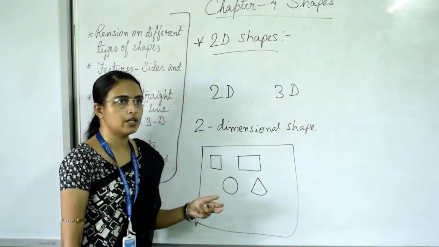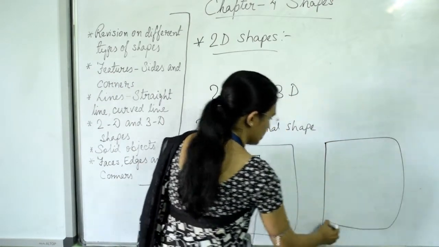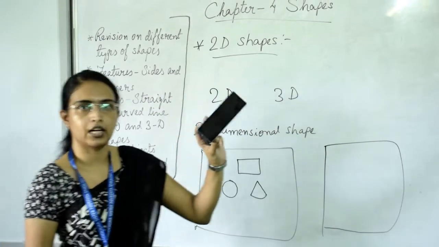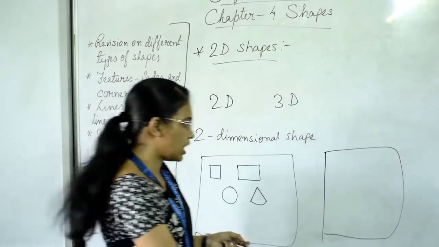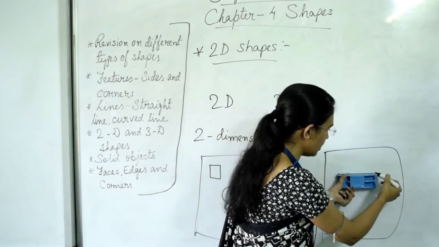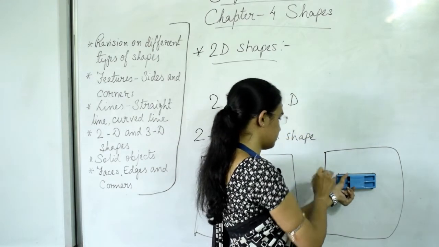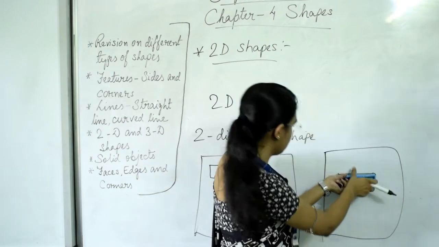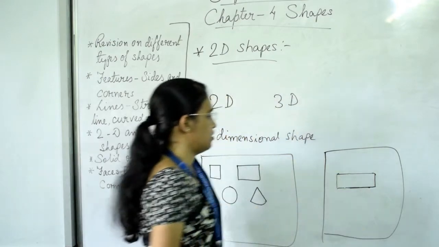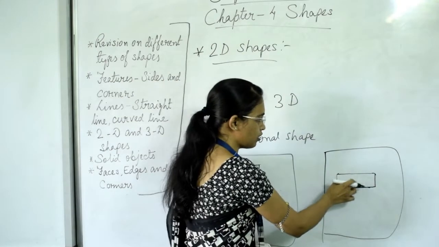And for example, if you take a white paper, then whatever object is there, like this, I have a duster nearby. So when I put this duster on the white page, and after that I trace the outside line like this, what shape did I get?